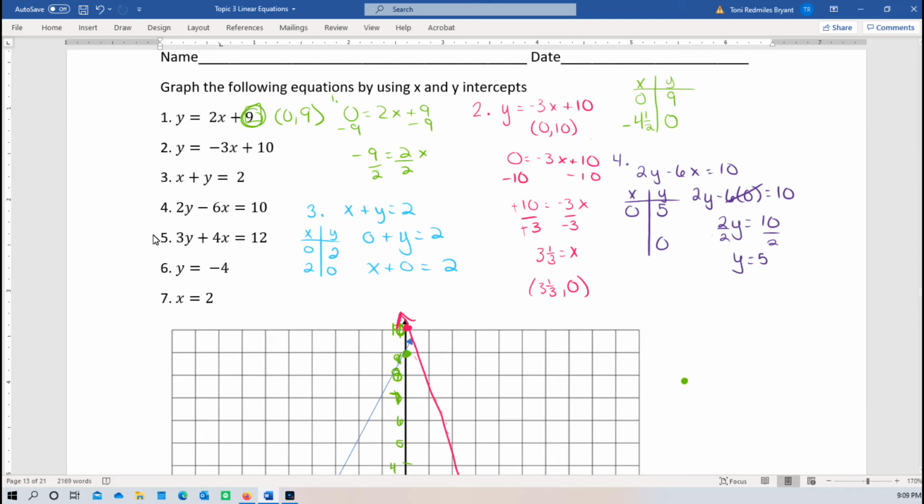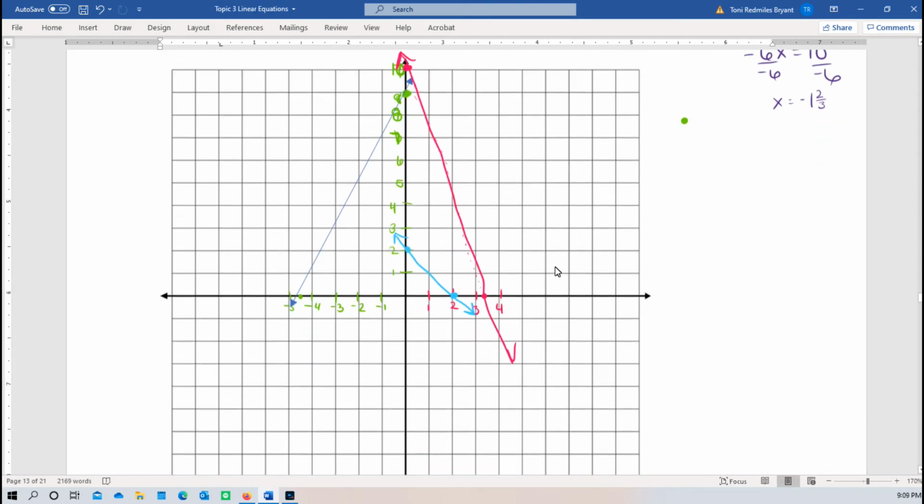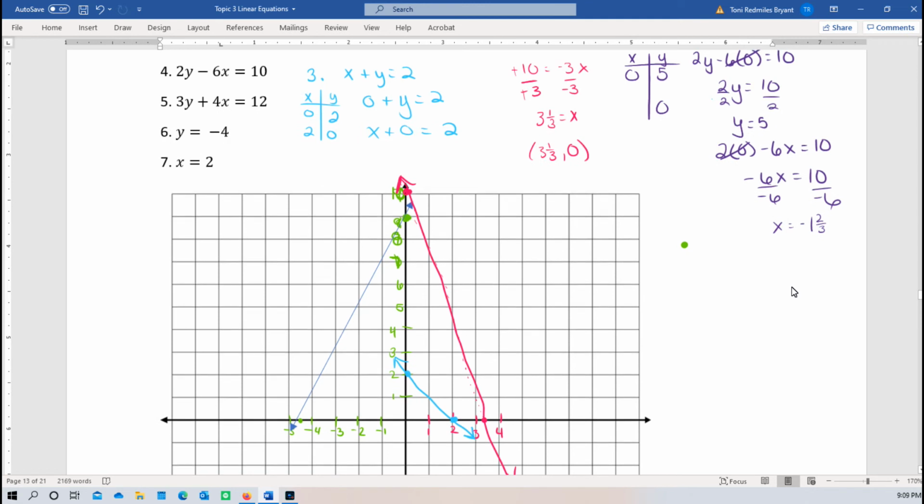And for the second one, I'm going to put a 0 in for y. And it is going to turn into a fraction, but it's not too bad of a fraction. It is going to give me a negative. All right, 6 is going to go into 10 one time, leaving me with 4 left over, which reduces down to 2/3. Kind of the same stuff we're getting in the top one.